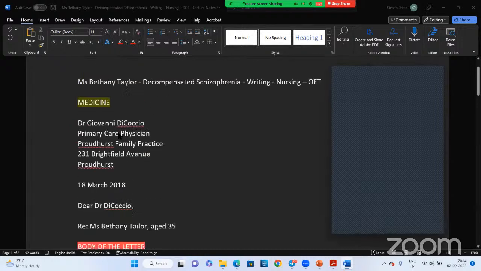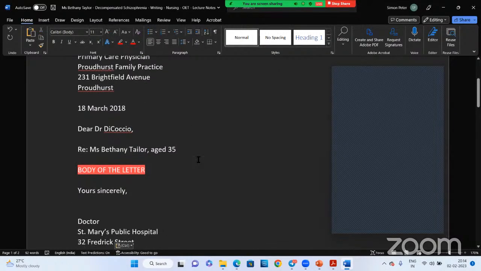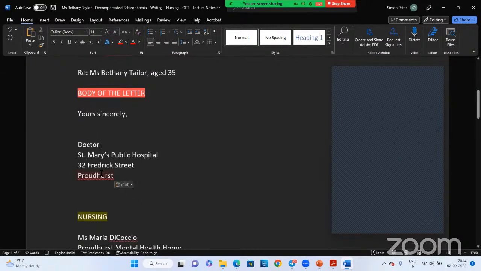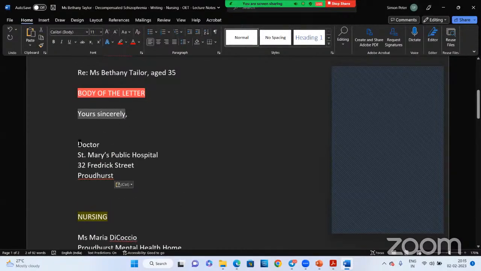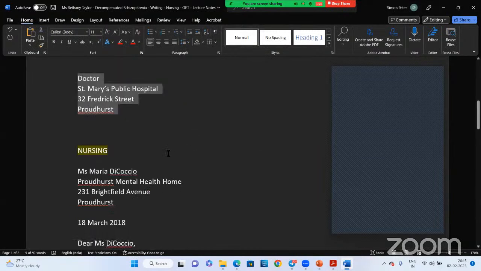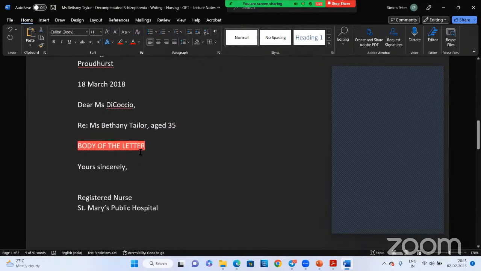So this is the address, date, salutation, then subject line, body of the letter. We are going to do that afterwards. Once you say yes, we'll move forward. Then closing remarks, and this is the sender's address. The nurse's letter is the same thing.